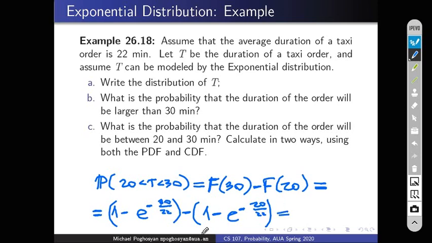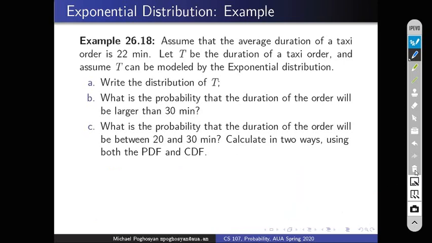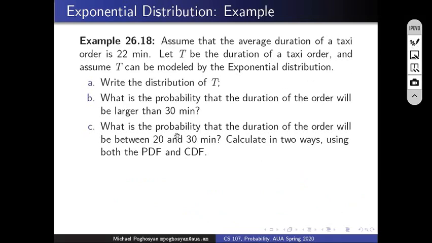And this will give, well, the ones will be cancelled. With plus sign, e to the minus 20 over 22 minus e to the minus 30 over 22. So this is the probability that the order duration will be between 20 and 30 minutes.